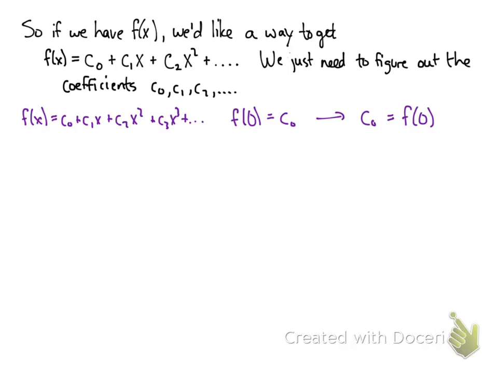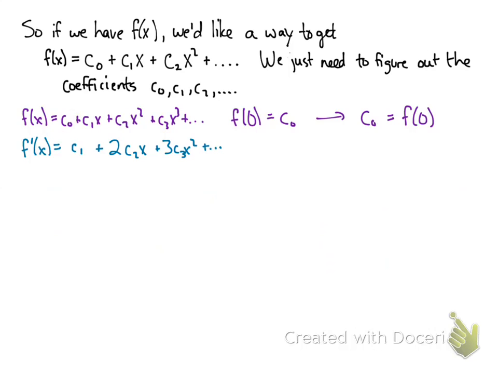Okay, how can we find c1? Well, first take the derivative of our function, and take the derivative of the power series. Right? The constant term, c0, goes away. The c1x term, we take the derivative and the x disappears and it's just c1. The x squared term, the derivative of x squared is 2x, so the derivative of c2x squared is 2c2x.